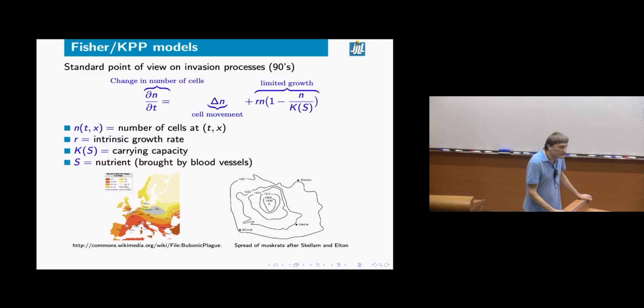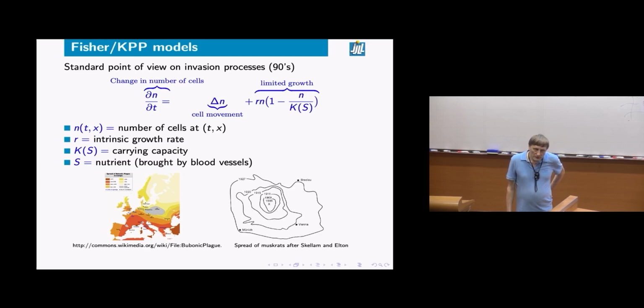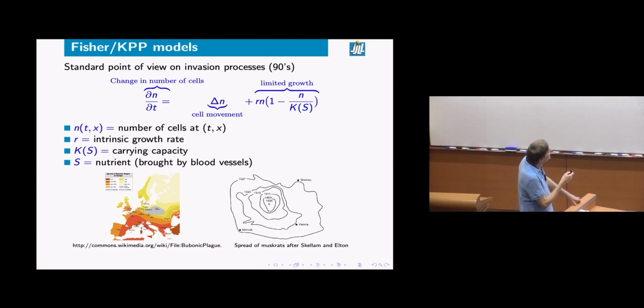So this is the next step. It has been used a lot. It has the advantage, again, that it is rather simple. You don't need to fit so many parameters. And it is possible, of course, to include that the carrying capacity depends on the environment that you can change.